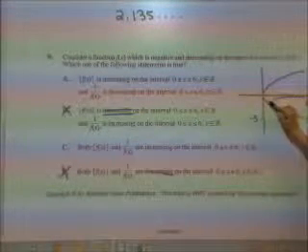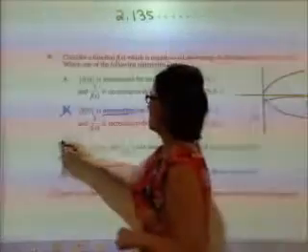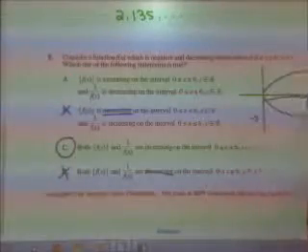So the way that this looks is it kind of goes like that, in a sense. So it is also showing an increasing pattern, because from 0 to 6, the value of y is getting larger. So that gives me C for my answer.